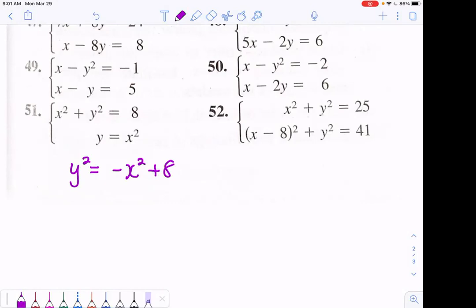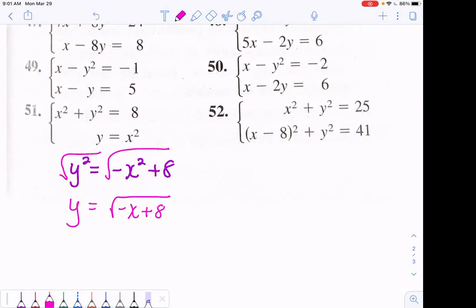So if you get y by itself, you have to subtract x squared. Anytime you plug anything in the calculator, it has to be in y equals form. And then to get rid of the y squared, we have to take the square root. But anytime you take a square root, in order to get that circle shape, you have negative x squared plus 8.